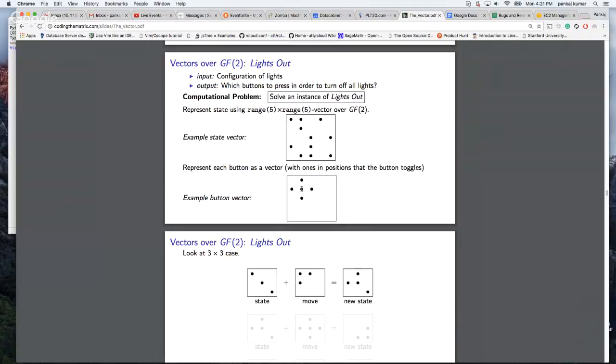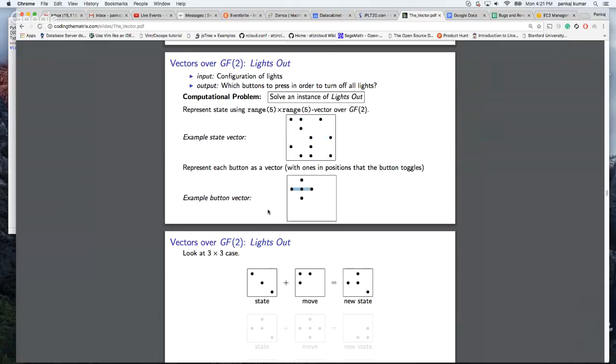Depending on where you press, for example, this is a button press vector, it gets pressed here, but it also affects all the directly neighboring cells, and all of them get a state change. So this can be a vector, and this can also be a vector.